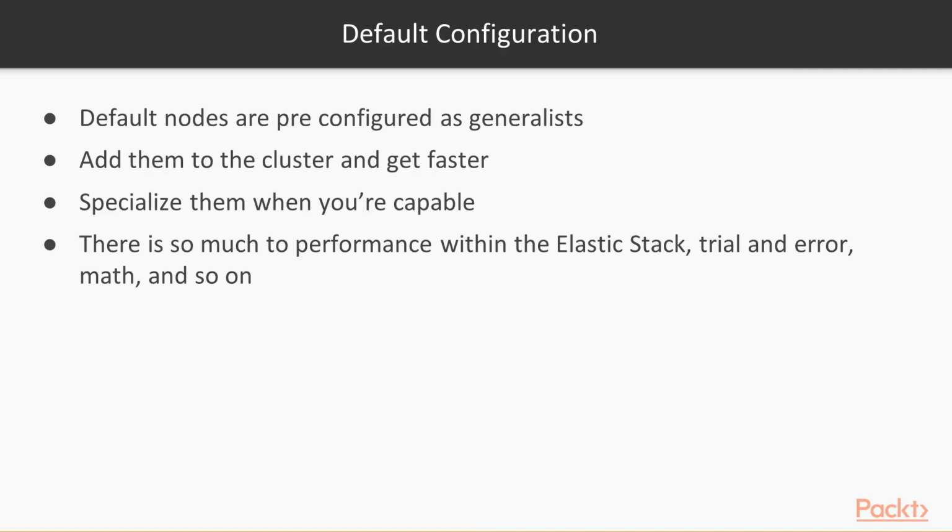One thing that is a lesson learned, and you'll read it in the documentation, or even if you watch videos from Elastic on how do I determine the size and the layout of my cluster: there is so much that is custom and has to do with your application and the data that you're using.